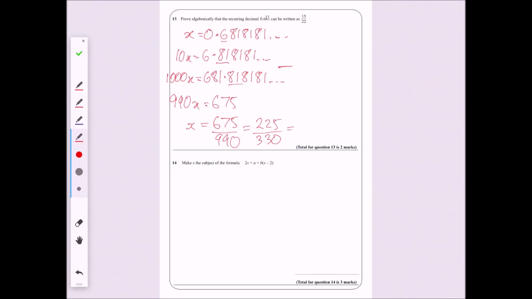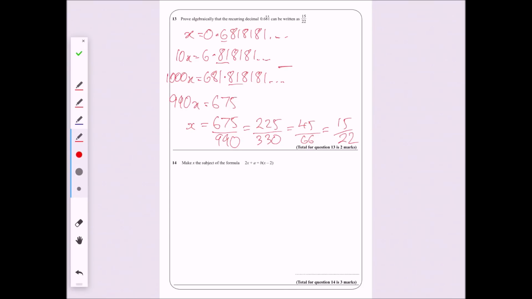Both of these are now divisible by 5. 225 divided by 5 would be 45 and 66. And then both of those are divisible by 3 again, and that will get me to 15 over 22.